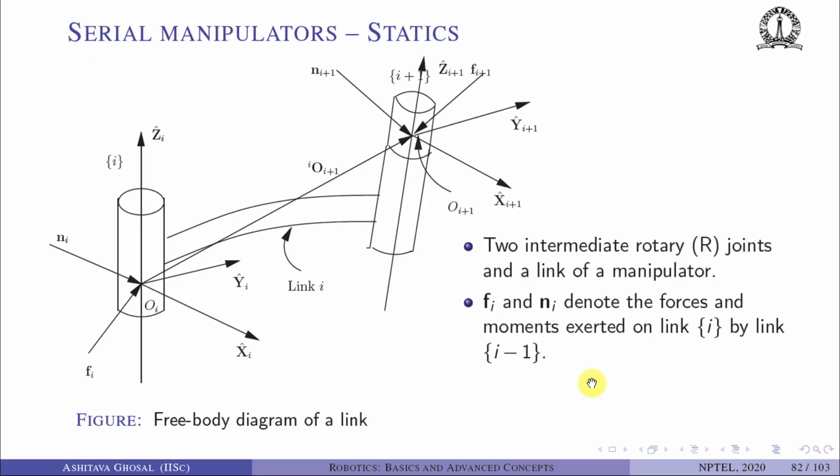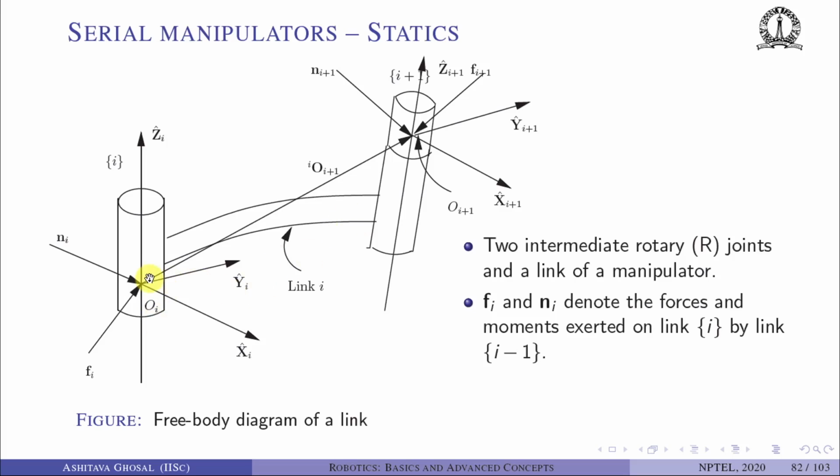The free body diagram of a link will consist of the link, and we show all the external forces and moments which are acting on this link. So this is link i. The z-axis is along the joint axis. The link i plus 1 is after this joint axis, same as before. There is no change in our convention.